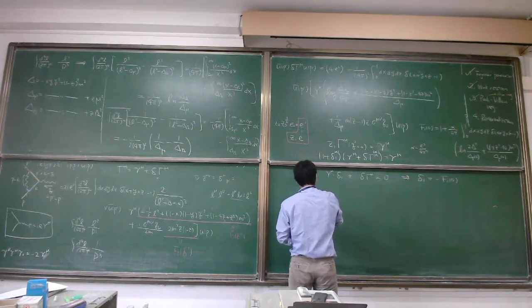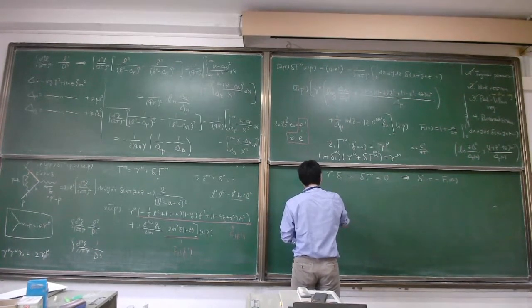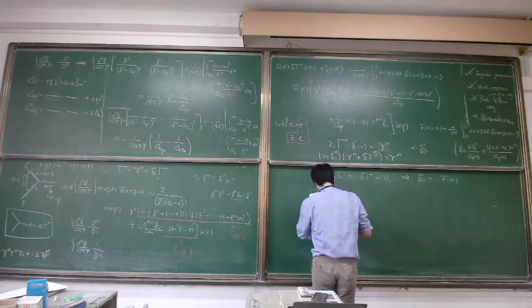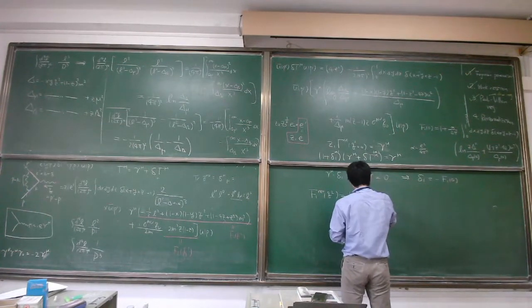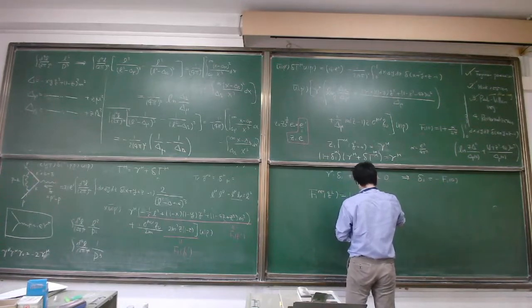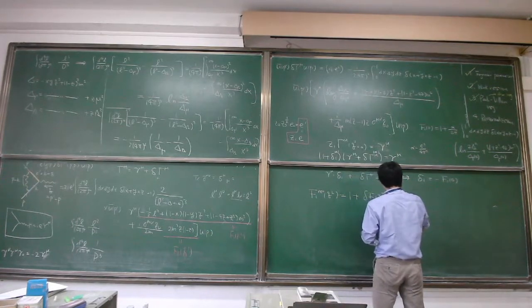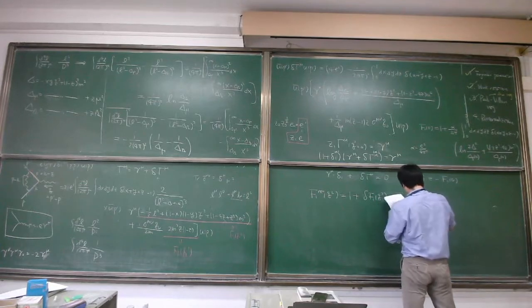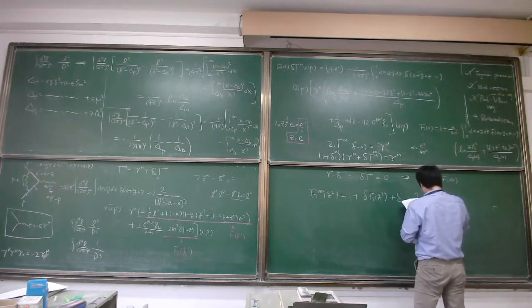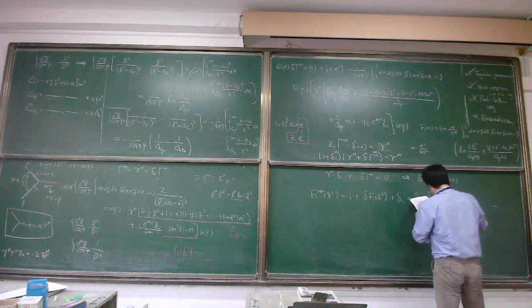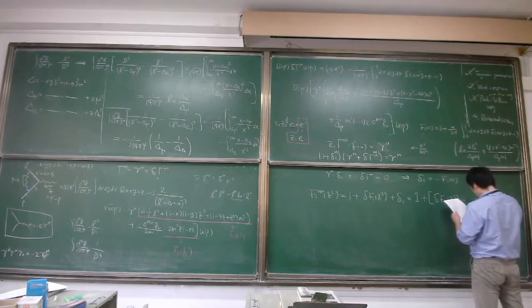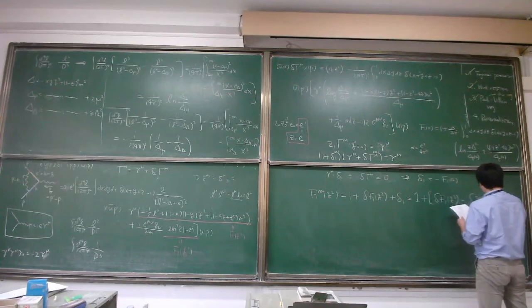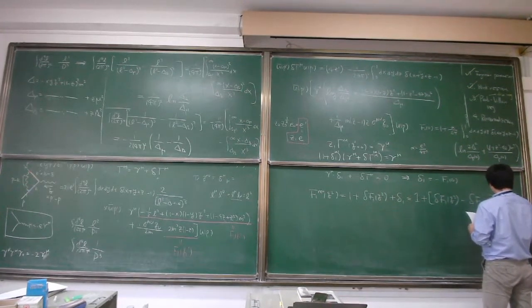So the renormalized F1 of q squared is indeed equal to 1 plus delta F1 of q squared plus delta 1, which is equal to 1 plus delta F1 of q squared minus delta F1 of 0.